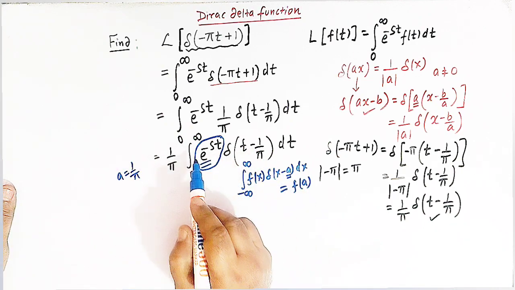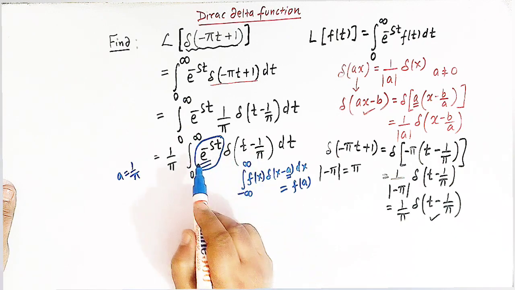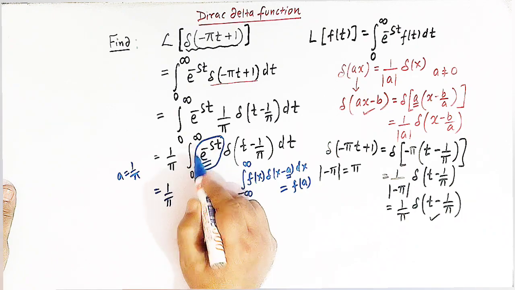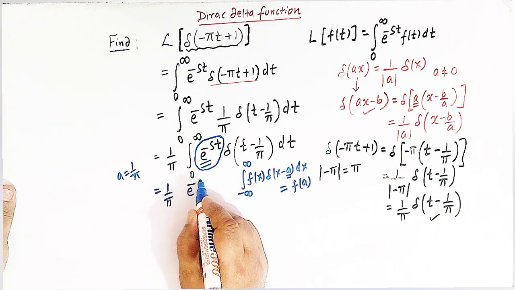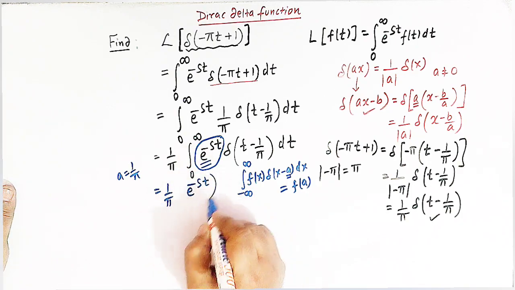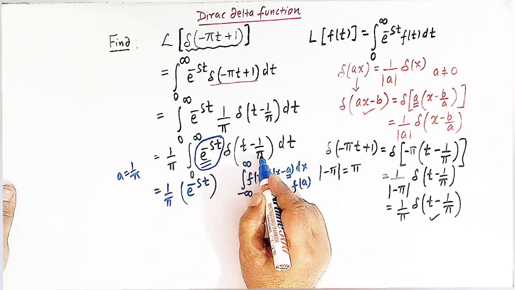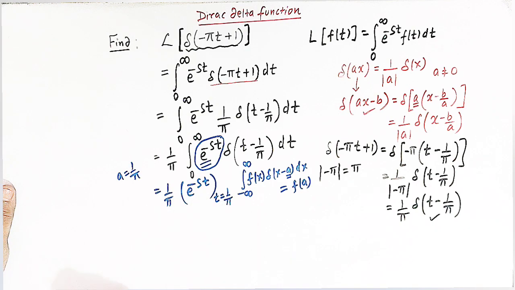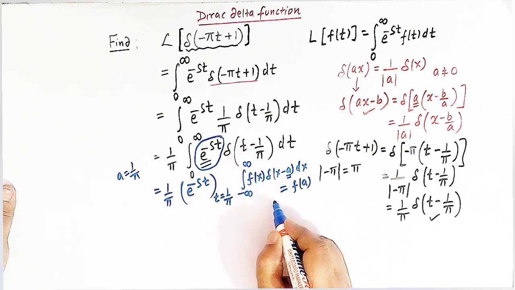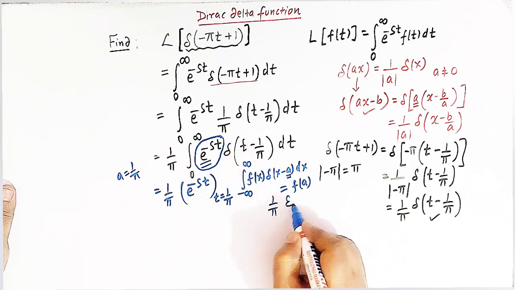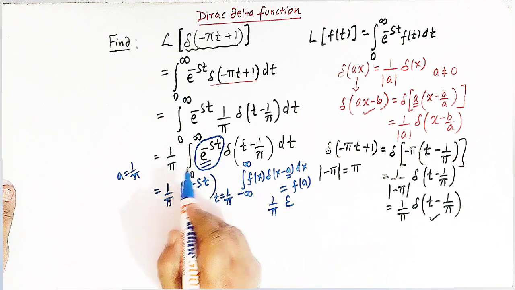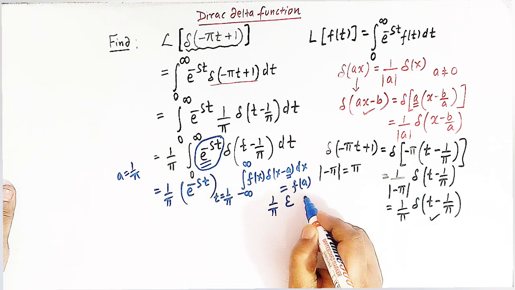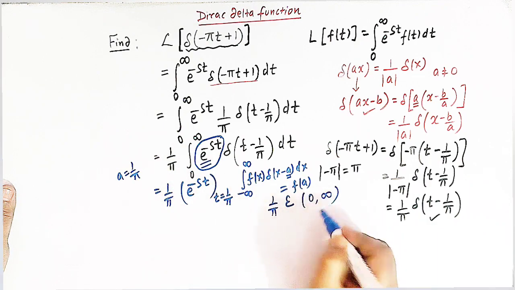So the value of this integral is equal to the value of this function, e raised to minus st, at t equal to 1 over pi, because 1 over pi belongs to the interval of limits, 0 to infinity.